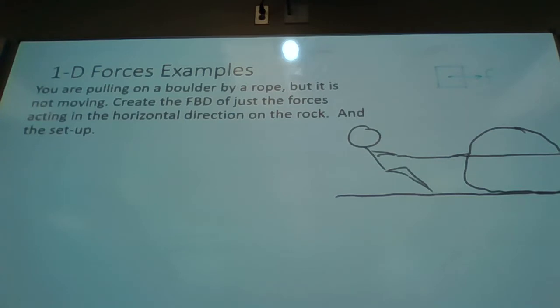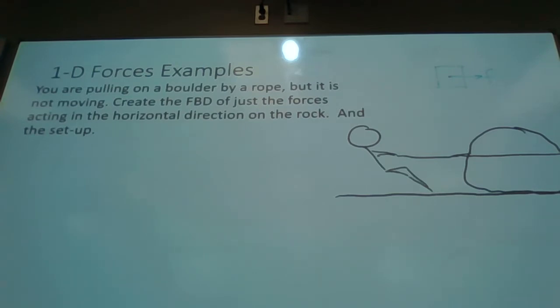Then the next one is you got a force going to the right. Is that applied force or is that tension? To answer that question, here's the follow-up question. What object is in physical contact with the rock?